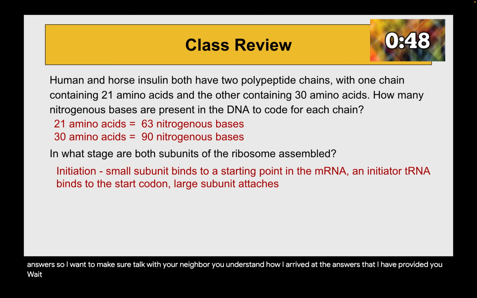Yeah, so an amino acid is coded for by how many base pairs? Yeah, so for each amino acid, it has 3 nitrogen bases. Oh, maybe like pairs. Yeah, that's right. Yeah.